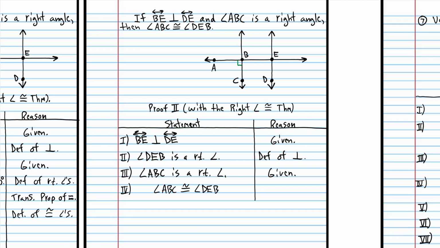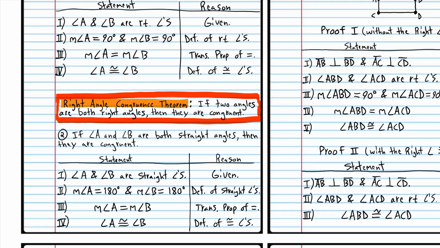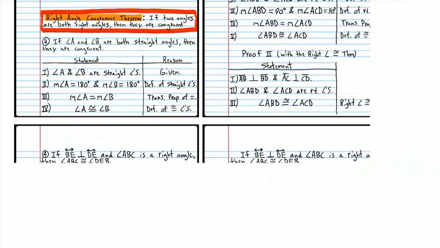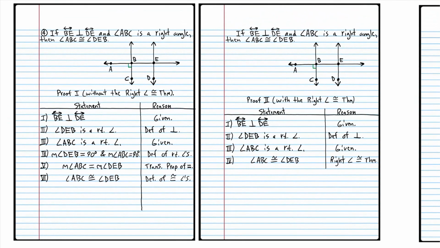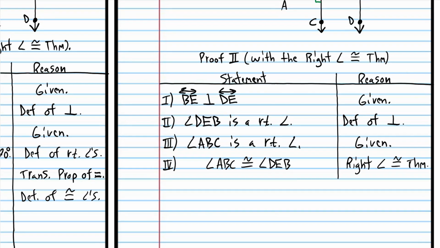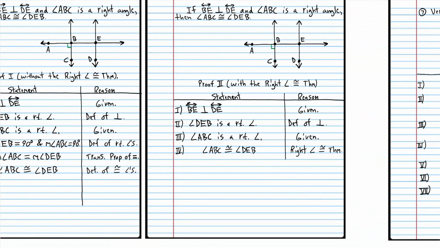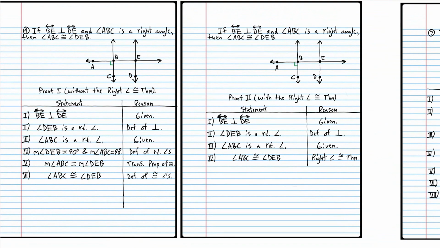And that is the right angle congruence theorem. Now again, that's the theorem up here we proved, right angle congruence theorem. So if you got that answer, good job. As you can see, we skipped 2 steps. Once you know that 2 angles are right angles, you can say that they're congruent by the right angle congruence theorem, but you do have to state that theorem as a reason for that logic.